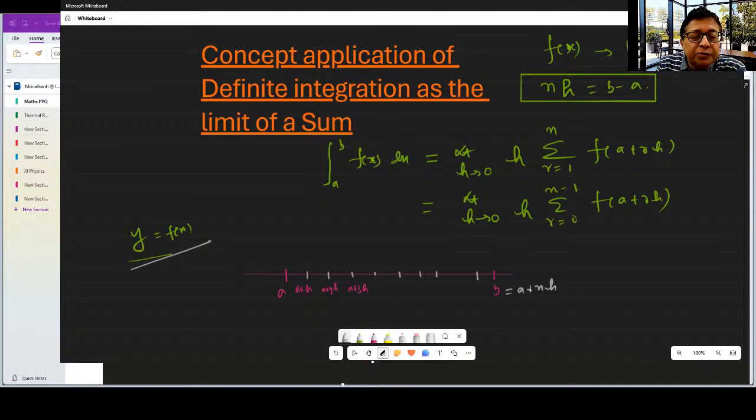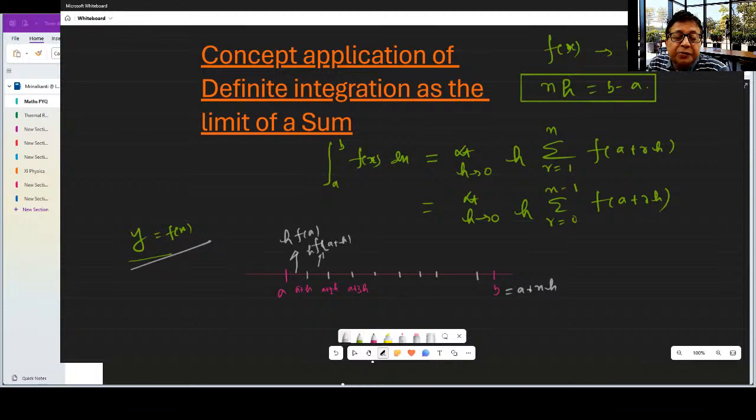And then the function y equal to f(x), its value at every interval multiplied by the length of interval: h into f(a), h into f of a plus h. Why we are multiplying?